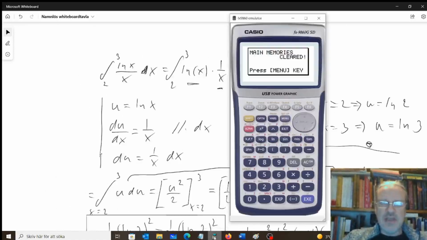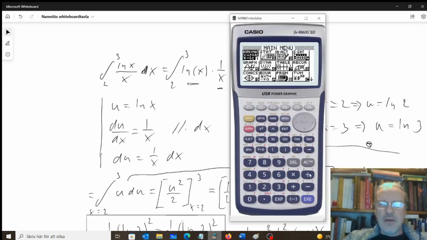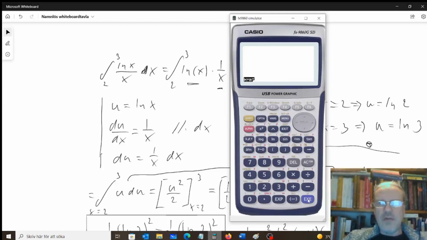So the question is also, is this calculation actually correct? Let's try this. We take our calculator, depending on the model, but I will go in here to this emulation of a Casio calculator. In this one, option, calc, the integral of ln of x divided by x from 2 to 3, end bracket, and get this answer.